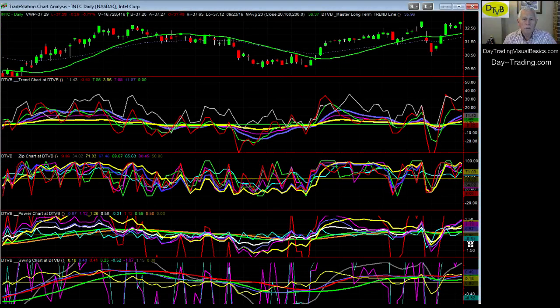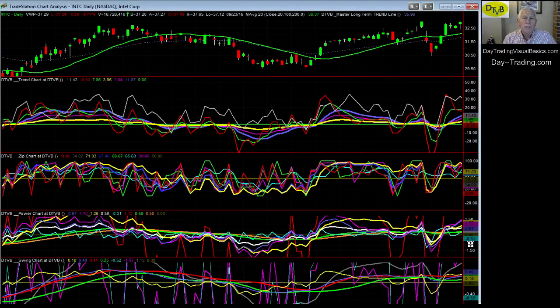When swing blue crossed over red, it was a significant continuation of an uptrend. However, oftentimes when swing blue crossed over swing green, it is a weak start to an uptrend. Not always, but oftentimes it's a weak start.